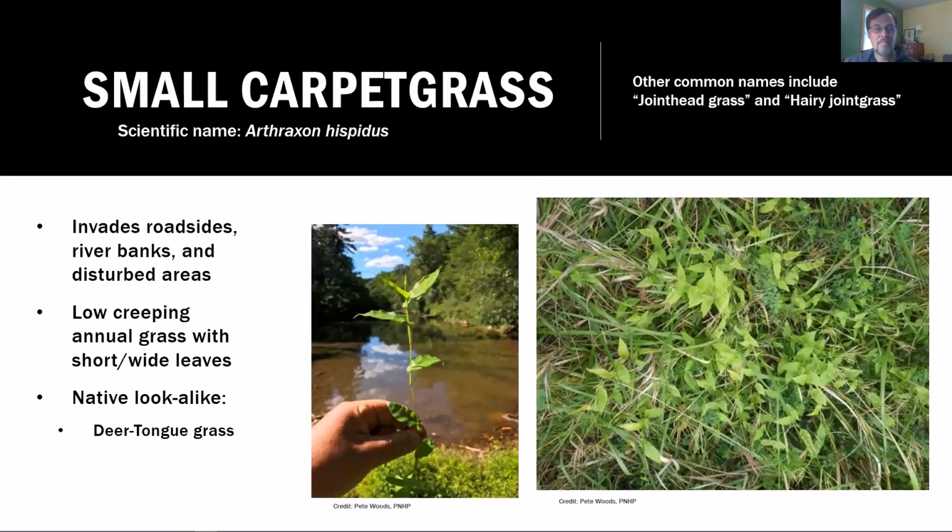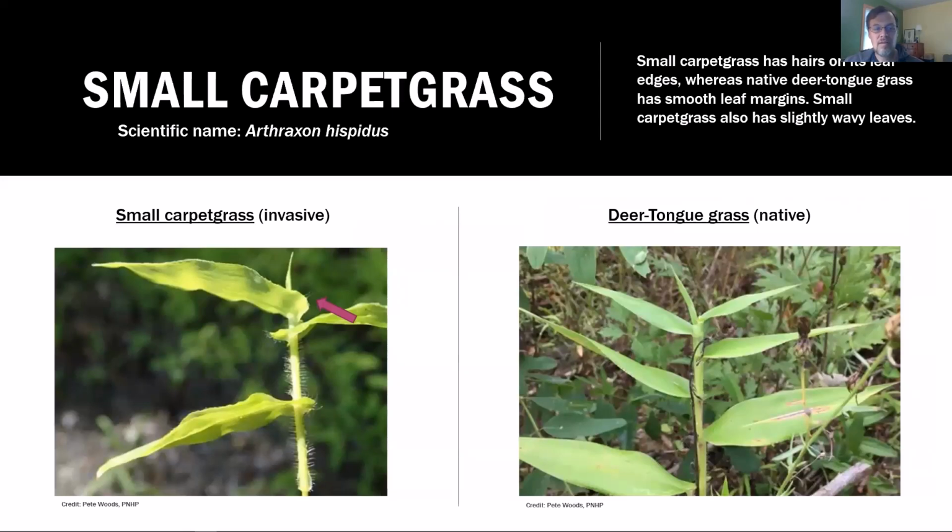Next slide. The one that you'll most likely see is the native deer tongue grass. And they look a little similar in this photo, although in real life the deer tongue grass is a lot bigger. It also doesn't have the wavy edges that small carpetgrass has. Both of these species can be very fuzzy on the sheath. That's where the leaf wraps around the stem and goes down it.